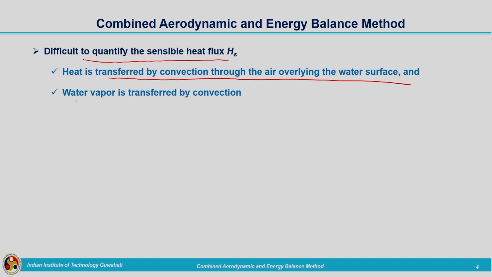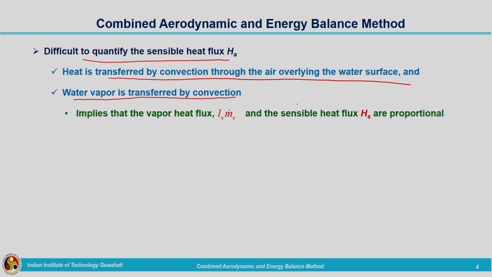In a similar way, heat is also transferred to the atmosphere, through air, by convection. And we have seen water vapor is also transferred by convection. So, because of these two processes, water vapor transfer and heat flux both taking place due to convection, this implies that the vapor heat flux and the sensible heat flux are proportional to each other.